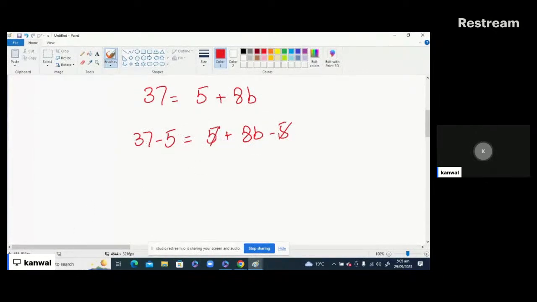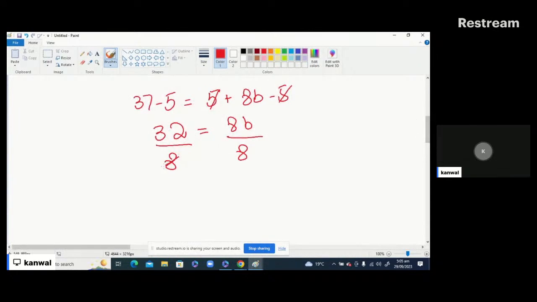This 5 cancel out. Here 37 minus 5, what's the answer? That is 32, which is equals to 8b. To cancel out this 8 from the b, divide on both sides with 8. 8 times 1 is 8, 8 times 4 is 32, this 8 and 8 is cancelled. So what's the value of b? That is only 4. Got it? Hope you guys clear.